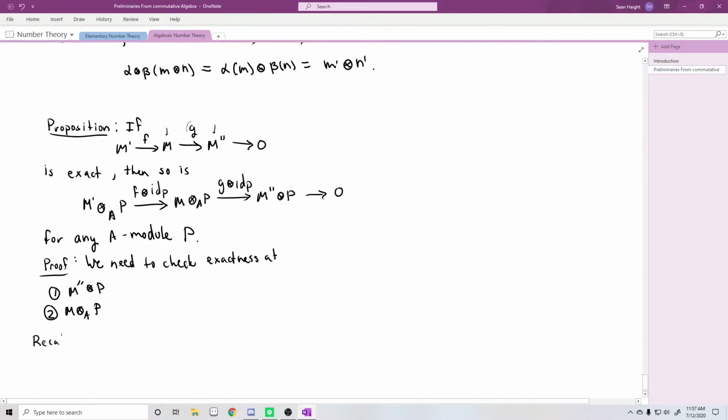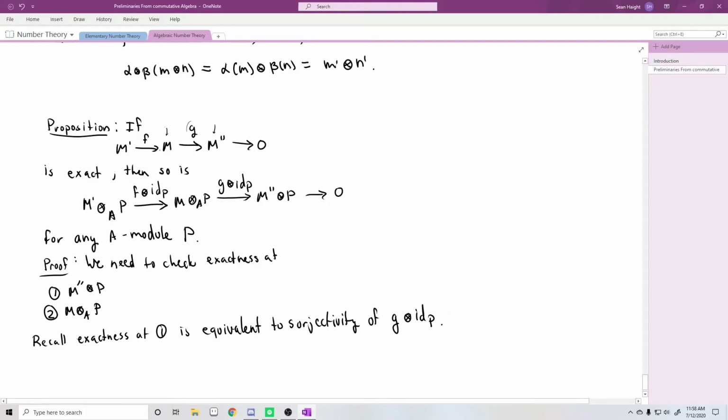Exactness at 1 is equivalent to the surjectivity of G tensor ID_P. Since both G and ID_P are surjective, the above lemma gives us the desired result.